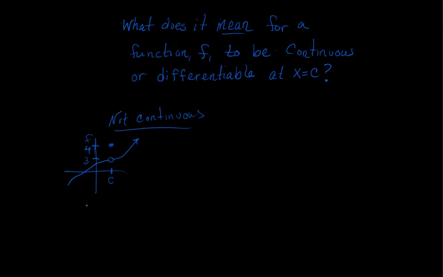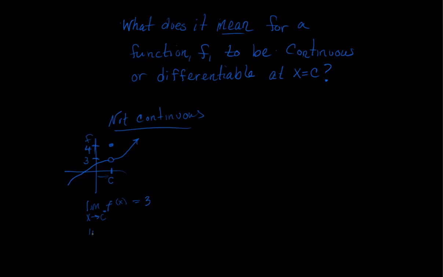We can point out the following. The limit as x approaches c from the left of f of x says x is getting closer and closer to c from the left, and the values of y for the function are getting closer and closer to 3.